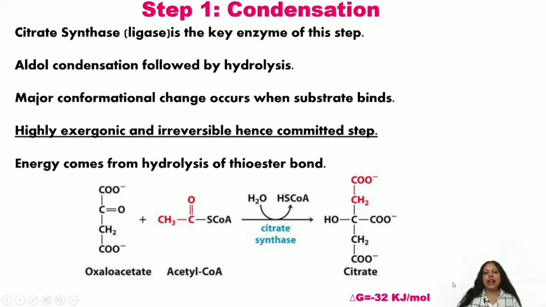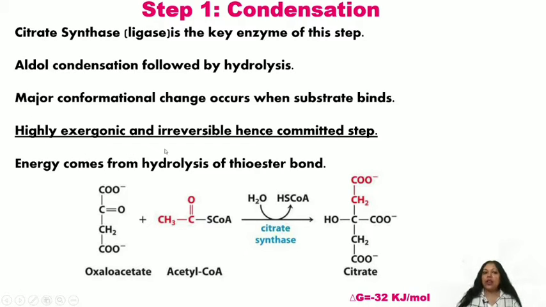What I want to say is that the free energy released in this reaction is more than the free energy released in hydrolysis of ATP, and in biological systems, minus 25, minus 28, or more than 30 in negative terms, whenever you encounter these numbers, you must assume that these reactions are highly exergonic, because minus 32 in a biological system is a big number. In negative form, it means it's exergonic.